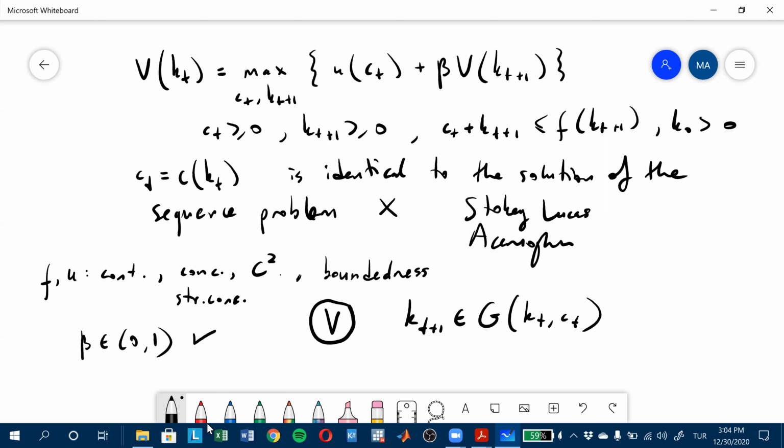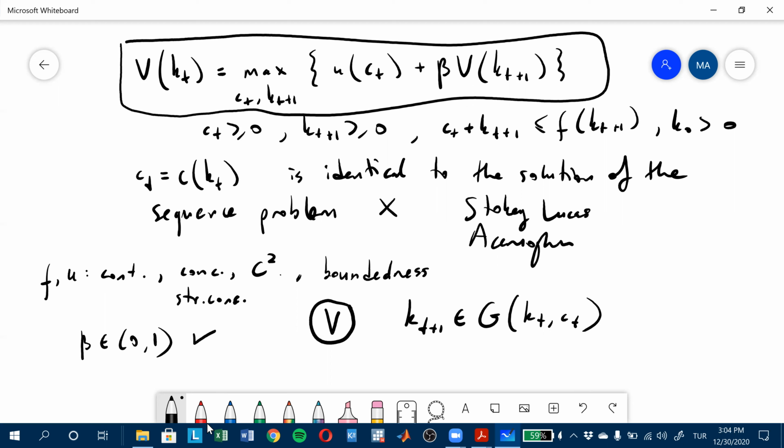I want to show you a couple of methods, but for V, we want this to be generally continuous and differentiable, concave, and most importantly, unique. So this equation will be written as a mapping.